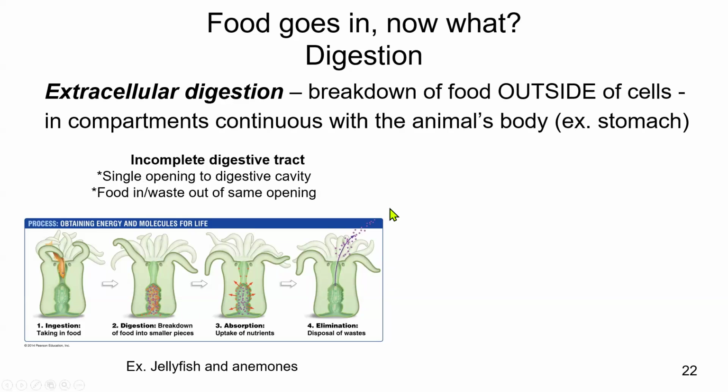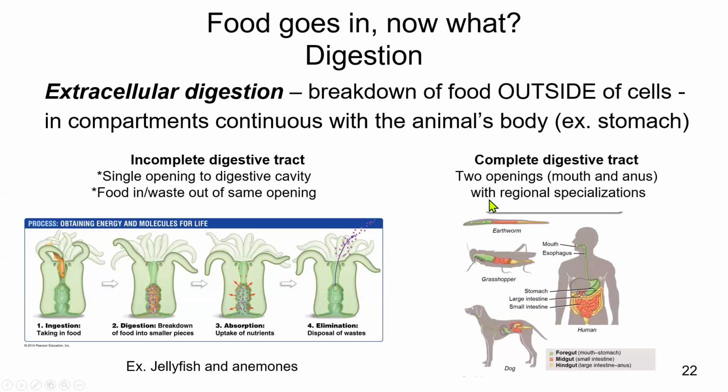So the in hole is also the out hole. And once again, that's in contrast to what we typically think of, because it's what we humans have, a complete digestive tract that has a mouth and an anus. So an opening at one end and an opening at the other end, so that food comes in one side and comes out the other as waste.